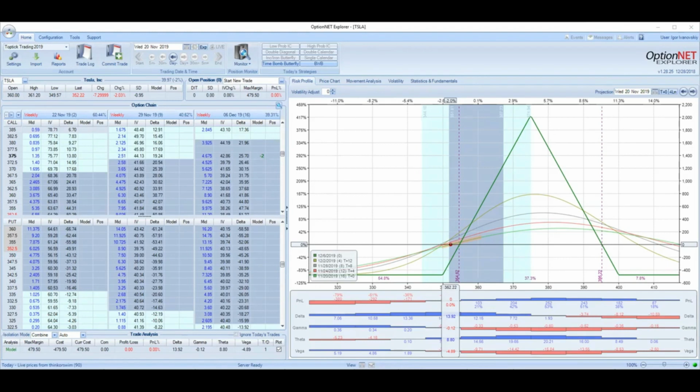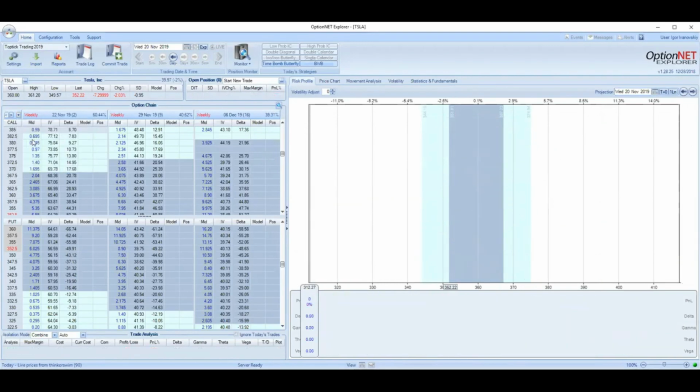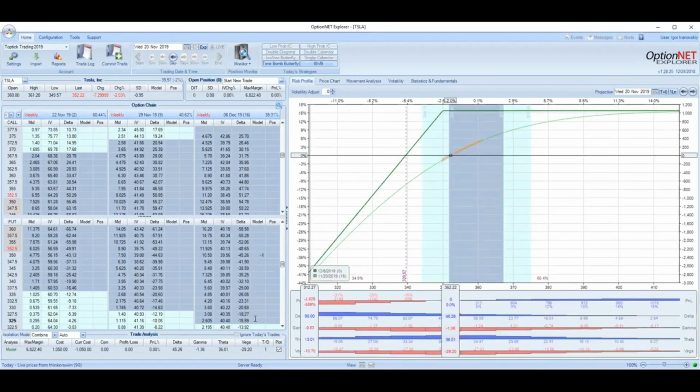If I have a directional assumption and would like to place my butterfly around, so for example, if I wanted to use the same butterfly here in this example for Tesla, and let's assume that I was bullish, but I wanted to use a broken wing butterfly, instead of using an all call butterfly, maybe I would do an at the money short 350 put, long 325 put, which will give me a credit.